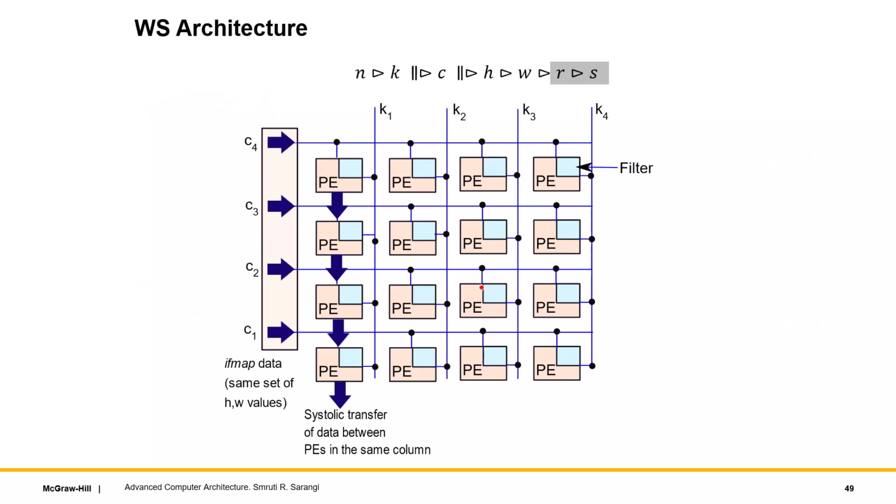Keeping this in mind, let's take a look at our weight stationary architecture. If you would recall from when we were discussing these notations, way back, it was broadly looking like this, where we go image wise, output channel wise in parallel, input channel wise in parallel, and then rows, columns, and then the filters.